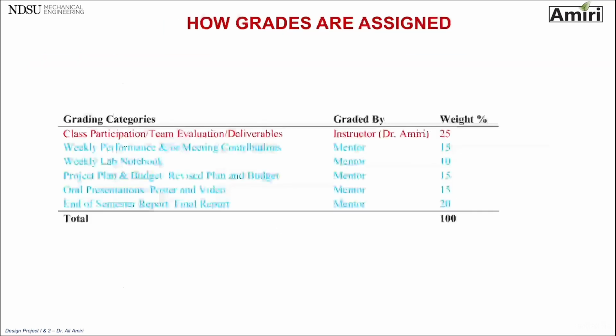Before we get into project selection, I also want you to check this table. This is available in the syllabus. As I mentioned, 25% is graded by me. Again, only if your deliverables are on time and I receive them, you get that 25%.